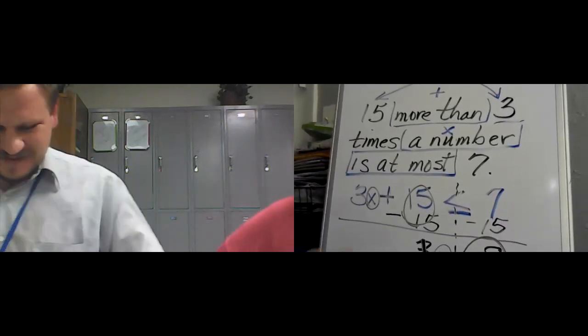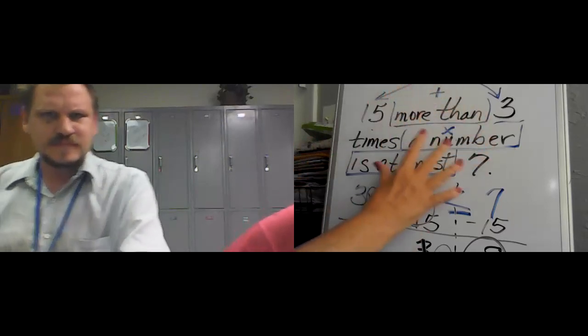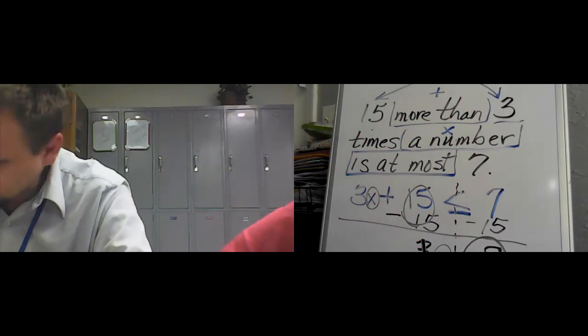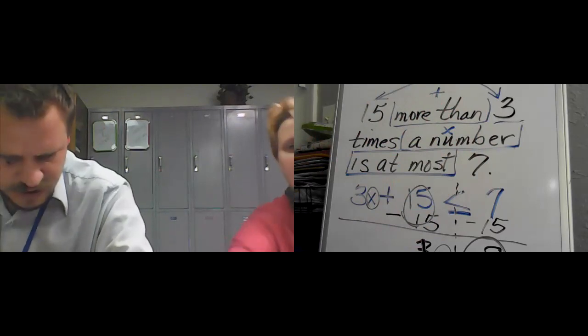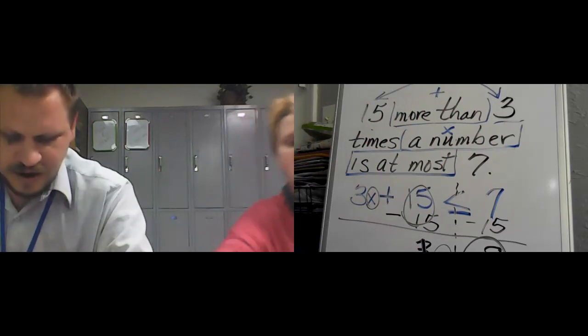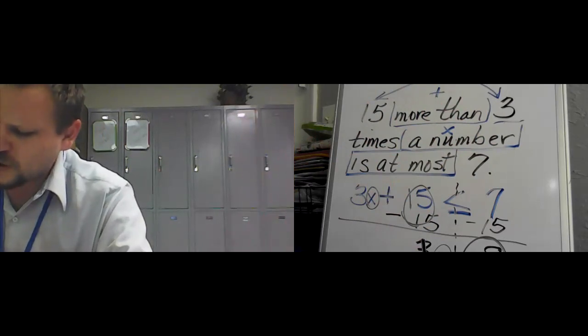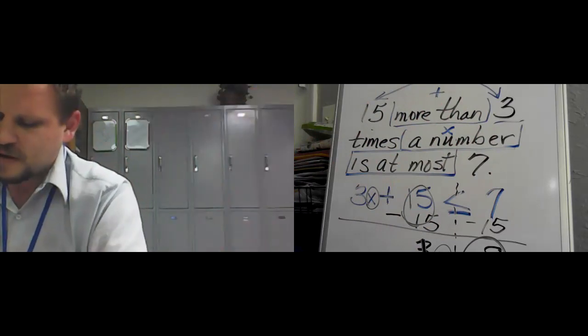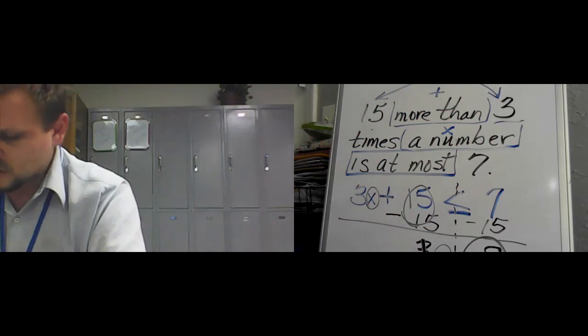But do you understand how we did the translation? Yes, I do. That was the hardest part. My deal was I knew seeing "more than," it's telling me it's going to switch.